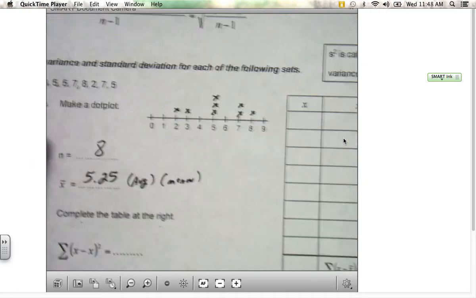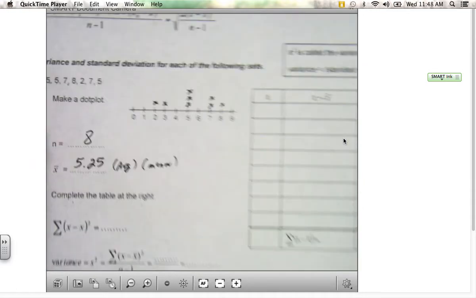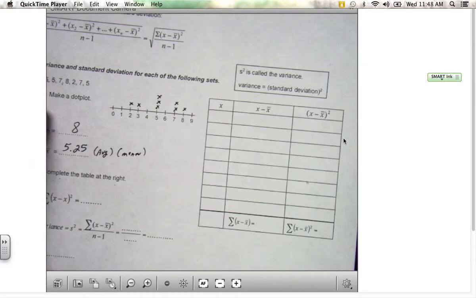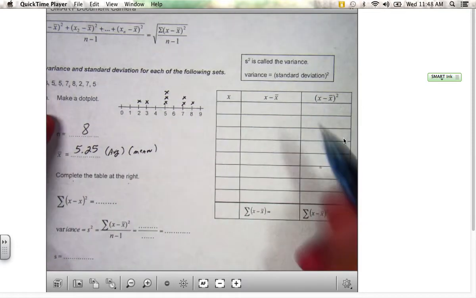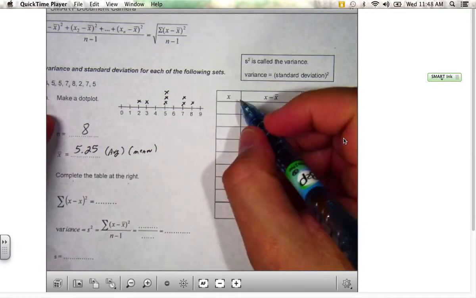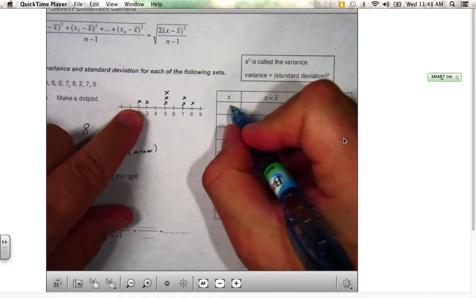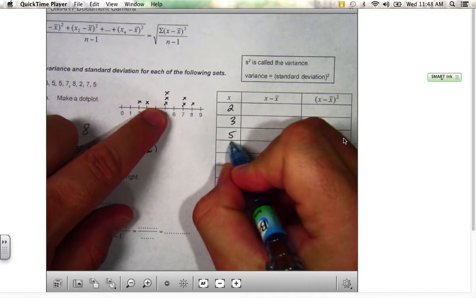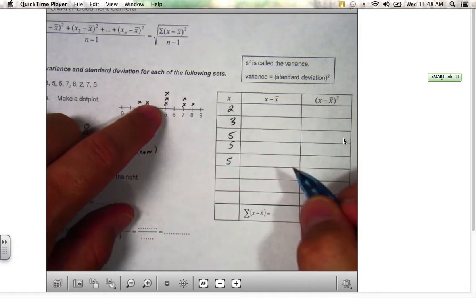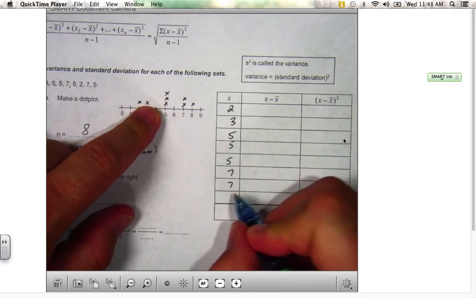In this table, I'm going to fill in all my values for x, and I'm going to put them in order, using the dot plot: 2, 3, 5, 5, 5, because there are three 5s here, then 7, 7, and 8.